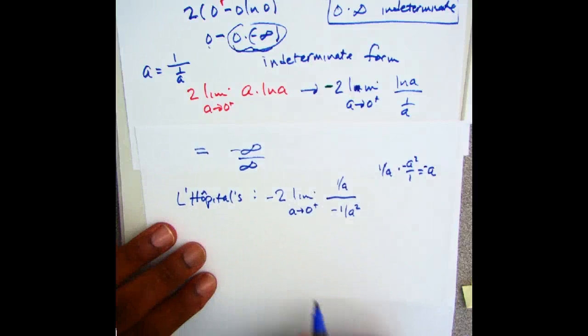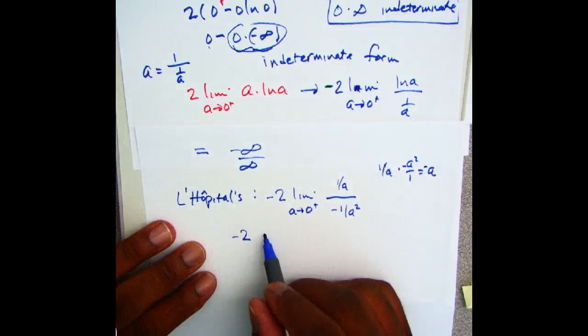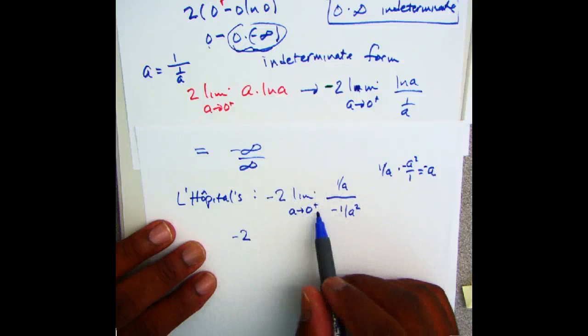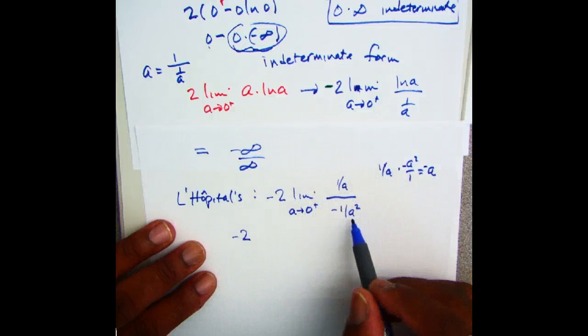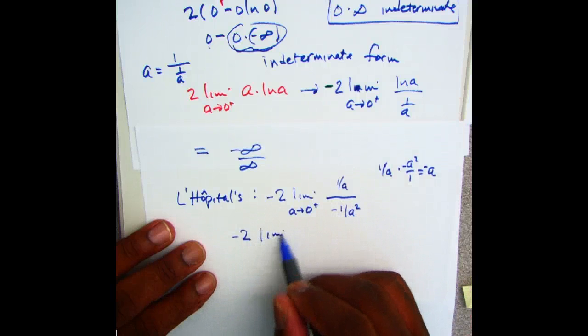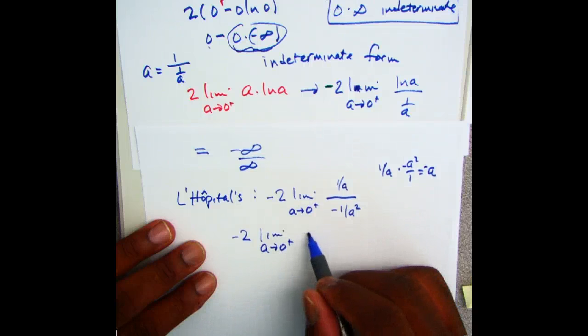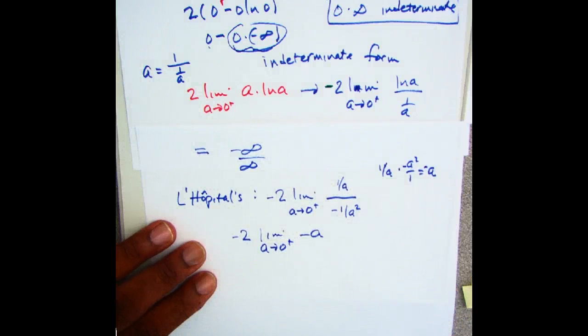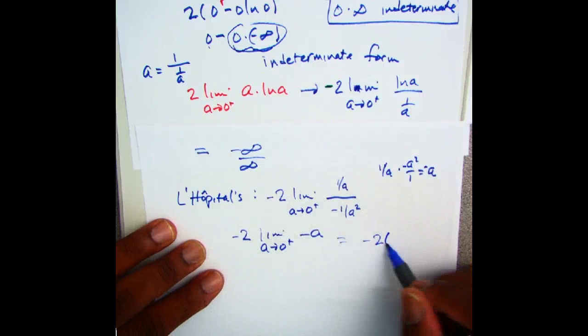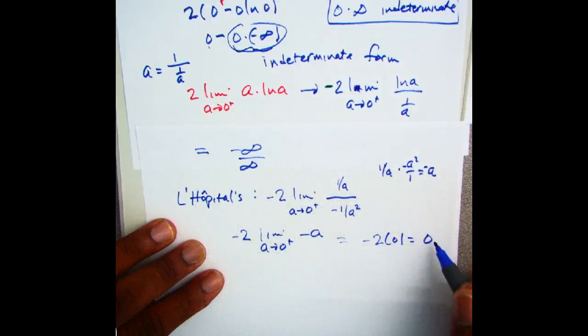Okay, so here's what we have. We have -2, and the limit as a goes to 0 from the right of 1 over a divided by -1 over a squared is the same thing as the limit as a goes to 0 from the right of -a. So our answer here is going to be -2 once we plug in the 0 for a times 0, and our answer is 0.